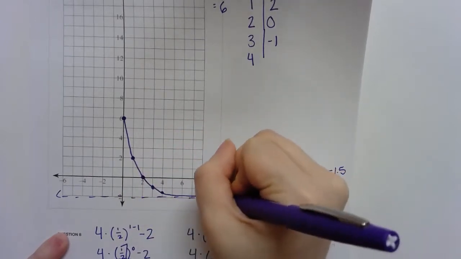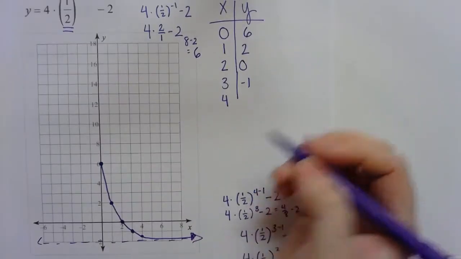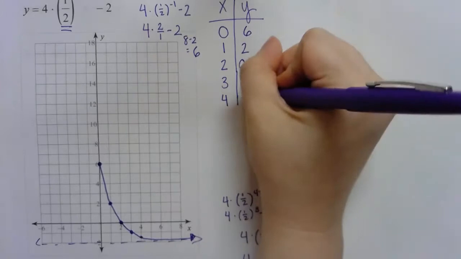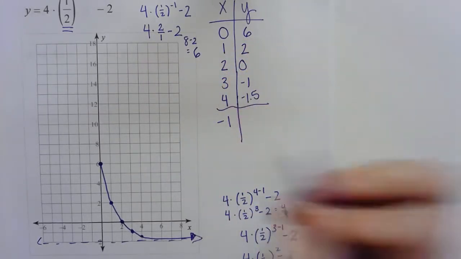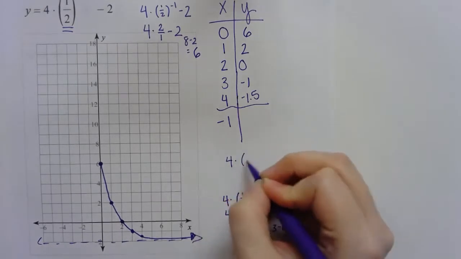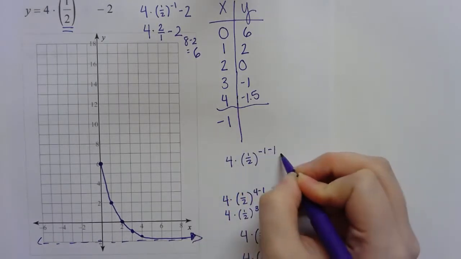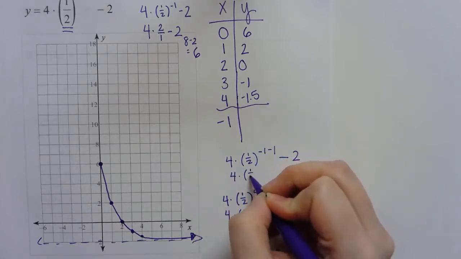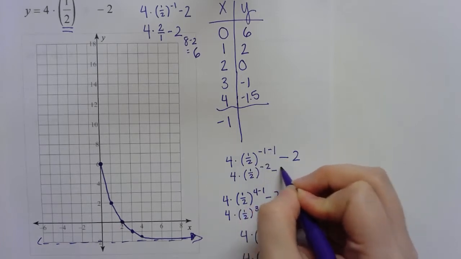Now, if you wanted to be super accurate here, you could even go to -1 and sub that in. So you have 4 times 1/2 to the negative 1 minus 1 minus 2. So that's 4 times 1/2 to the negative 2 minus 2.